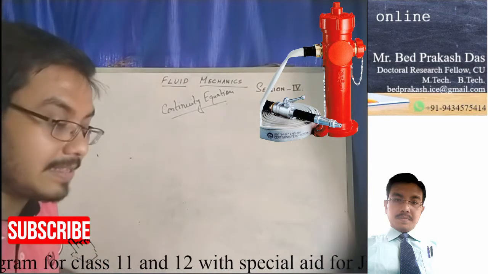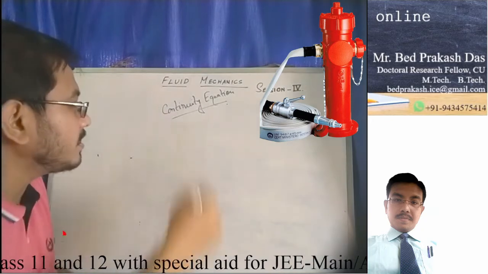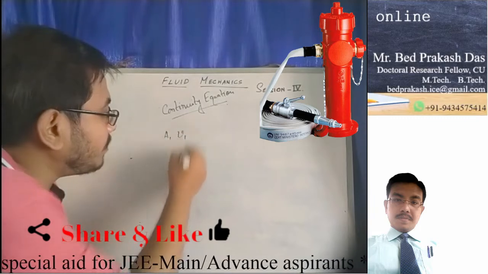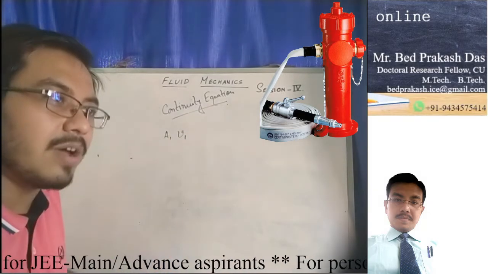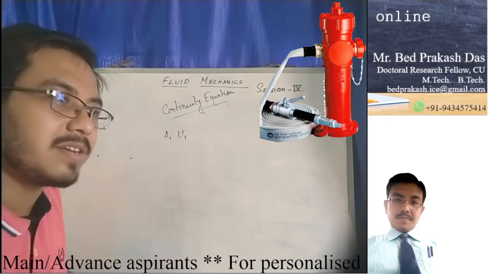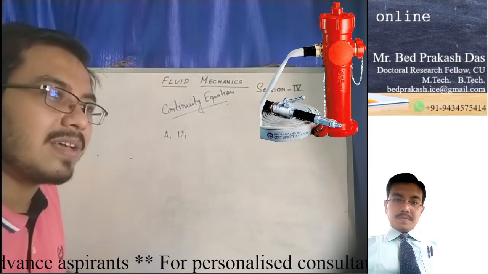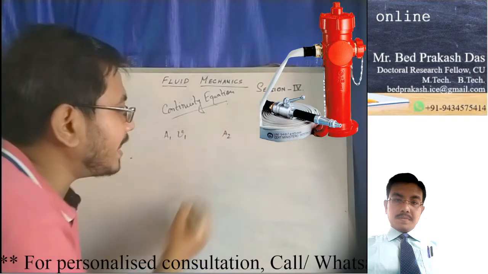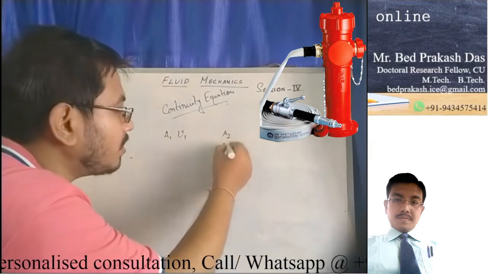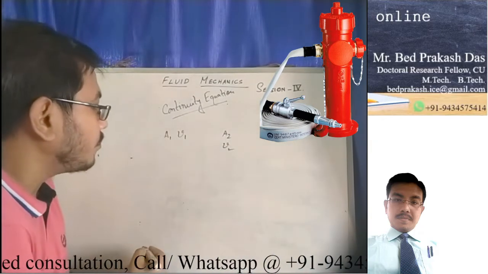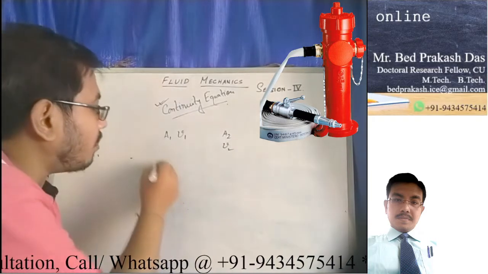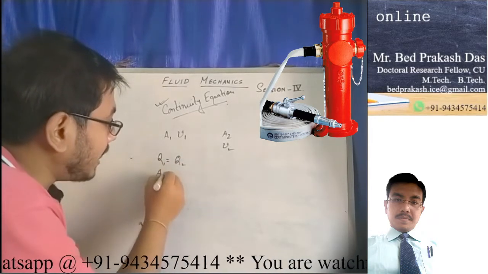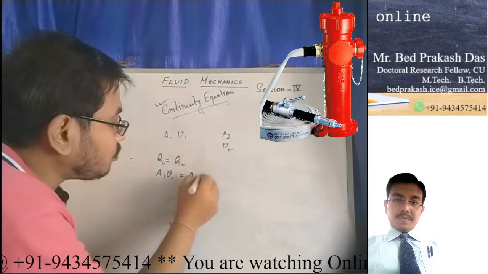The hydrant has a nozzle part with, say, a cross-sectional area of A1 and velocity of V1, with which the water is leaving the hydrant nozzle. Now the pipe ending has a different cross-sectional area A2 and different velocity V2. From the continuity equation, we know that Q1 equals Q2, that means A1 V1 equals A2 V2.